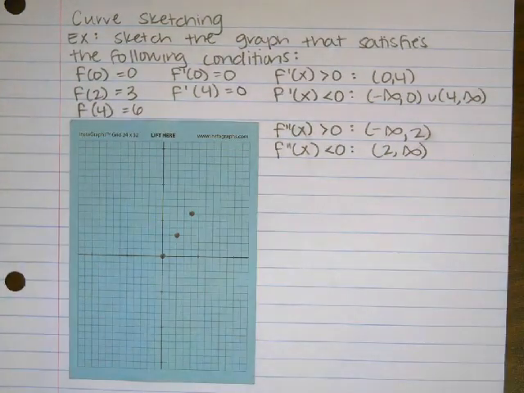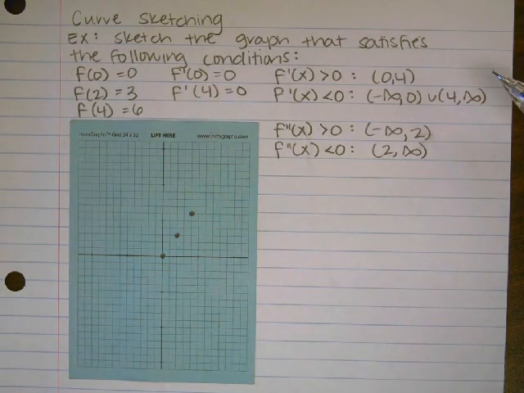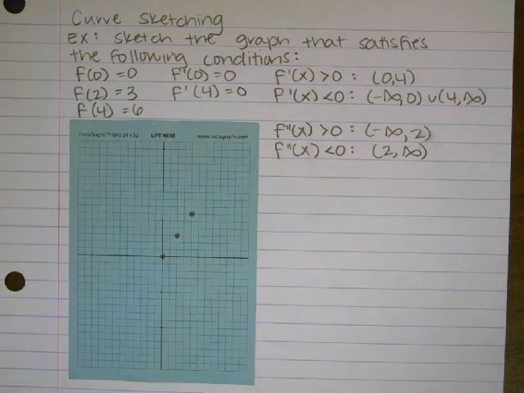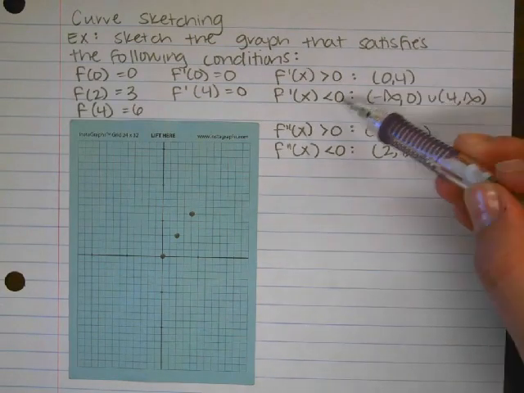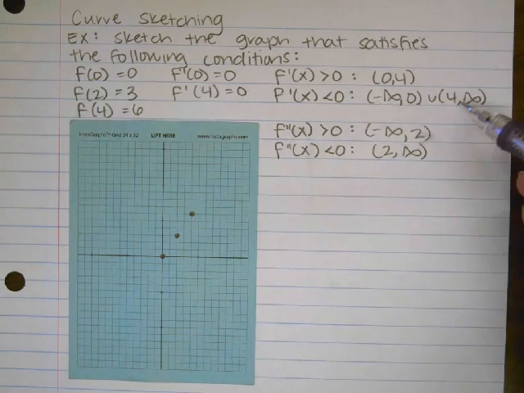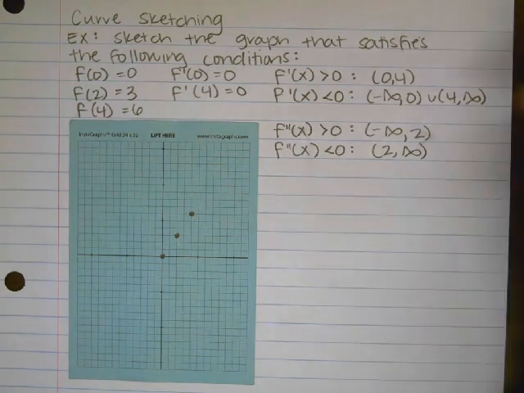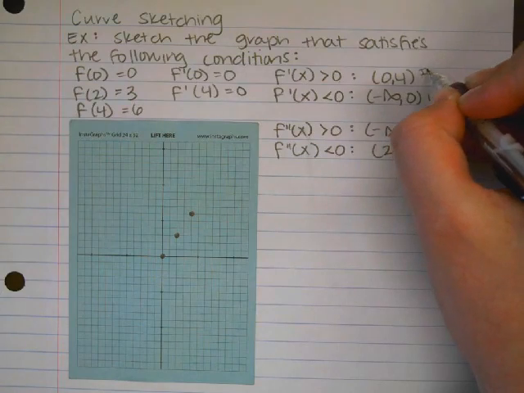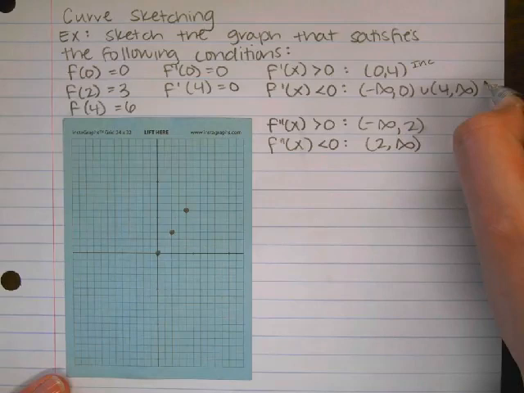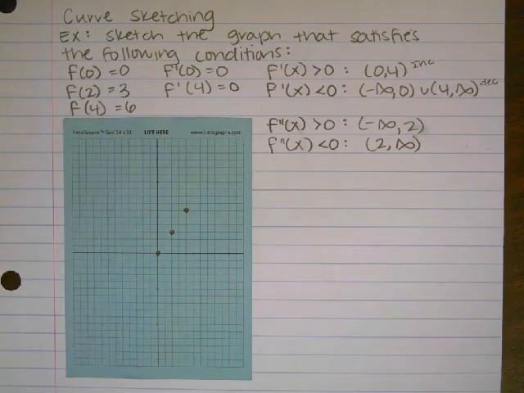Okay, and then they tell us that the graph is increasing from 0 to 4, and it is decreasing from negative infinity to 0 and from 4 to infinity. So this is where it's increasing, it's slanted up. This is where it's decreasing, it is slanted down.